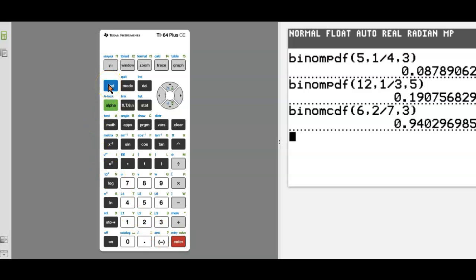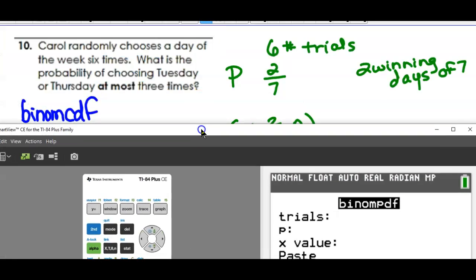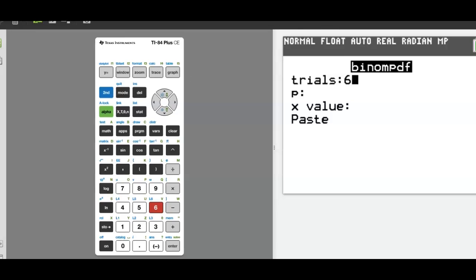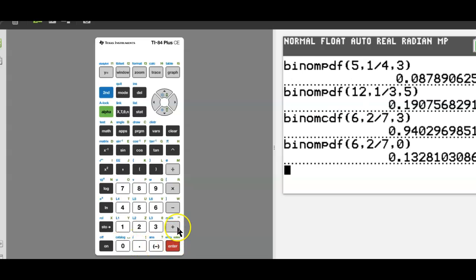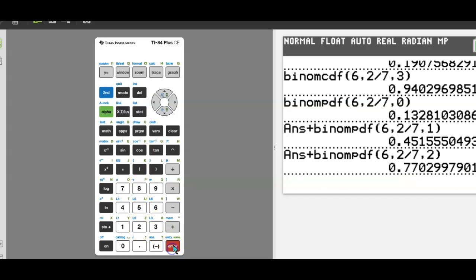Okay, it's 94. Let me show you real quick. If I were to do this as a PDF and put in 6, 2/7, 0 is a winner, plus, and then I go back up here and add the probability that 1, once we win, plus, go back up here and add the probability that we win twice, plus, go back up here to this one and add the probability that we win 3 times.